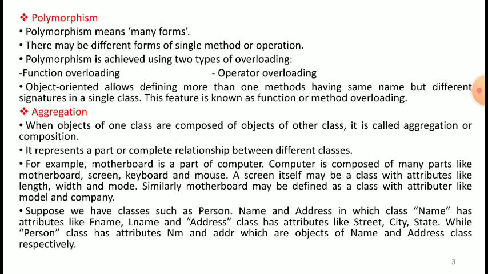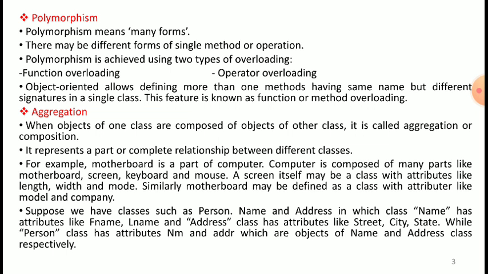Is it possible to define more than one function with the same name? In some programming languages, the answer is no. But in object oriented programming, the answer is yes as long as the methods differ in signatures.